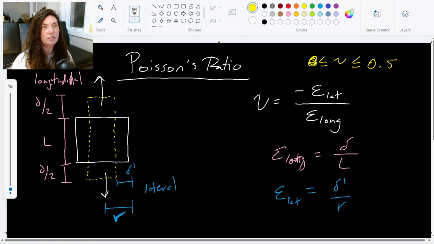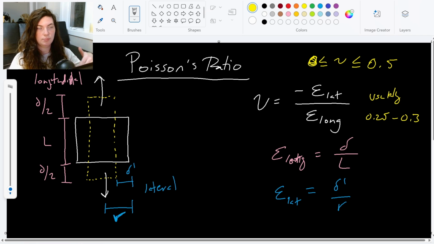But most of the time, usually when you look these up in the charts, they're somewhere in the 0.25 to 0.3 range. That's a typical range for the Poisson ratio, but it can be anywhere between 0 and 0.5. It is dimensionless, so it's just a ratio, right? It's the same type of thing over the same type of thing, strain over strain. You get a dimensionless quantity that goes with the material.